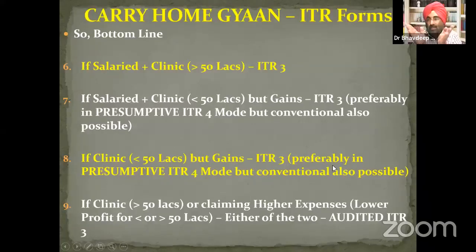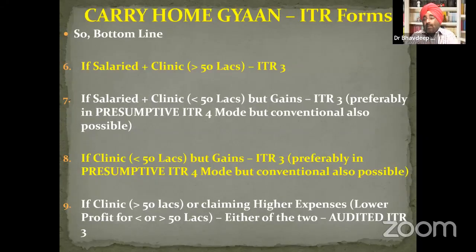Presumptive mode means you simply have 50% of your income presumed as expenses. In any case, our expenses are close to the 45 to 55% range. Even if it is 5 more or 5 less, I prefer to choose ITR 3, oh sorry, a presumptive mode. I can file either way.